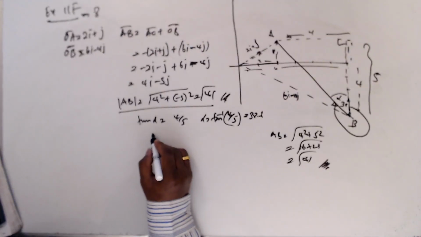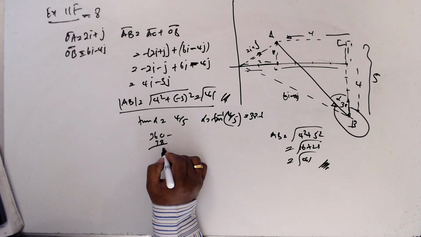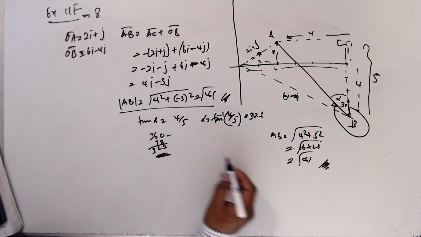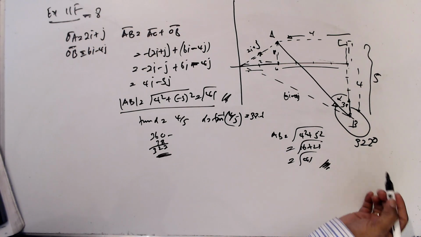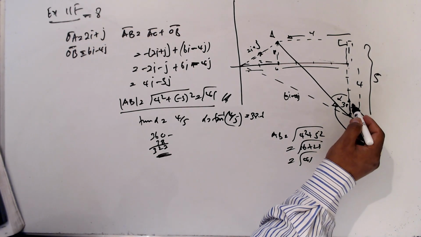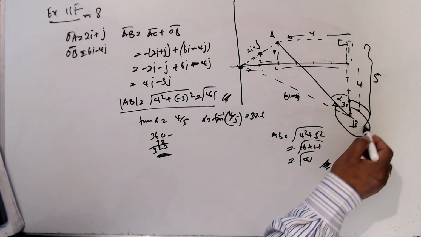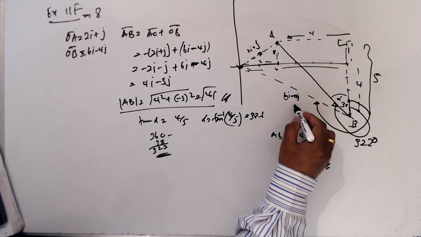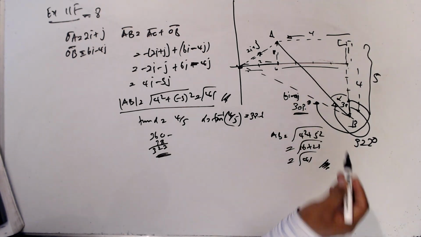Then 360 minus 38, so 322. So the bearing is 322. If you look at the origin from the buoy, you will get bearing 303.